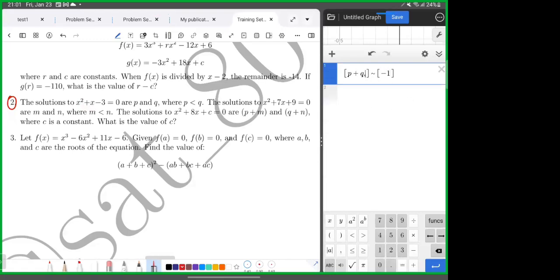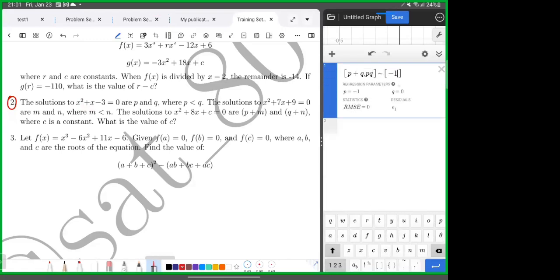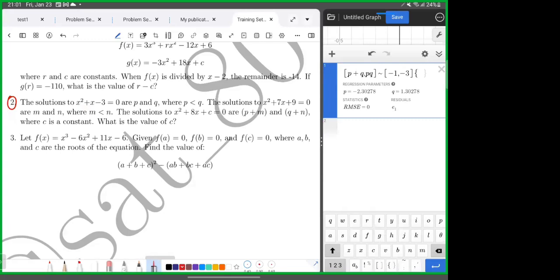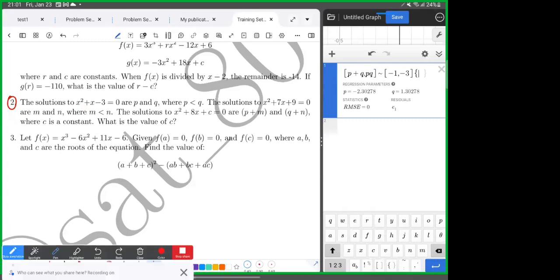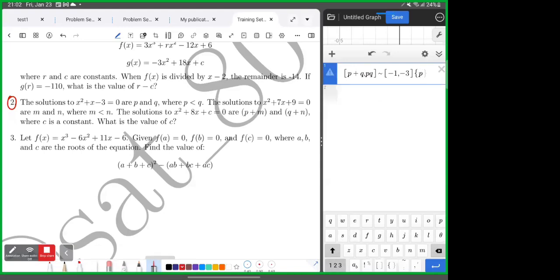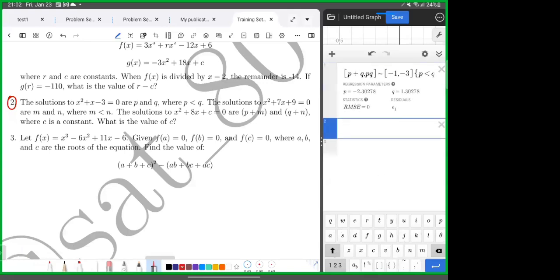Another one, P times Q, is equal to minus 3. And you can also give an additional condition in DESMOS, like a system of equations. How does that work, guys? It works like this. This one equals this one equals this one. And you know that P is less than Q, according to the problem. Here it is. Now P and Q are found. Yeah, DESMOS found it.